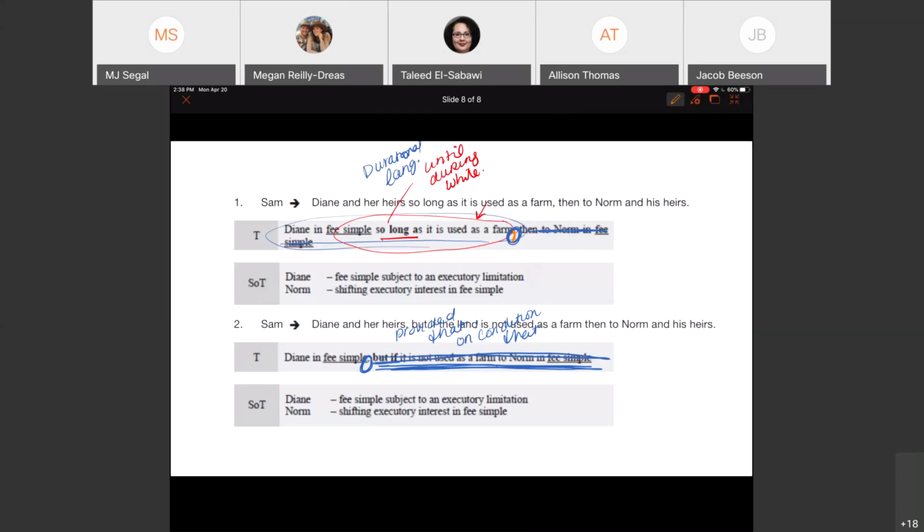Whereas if you have other type of language, which I'm blanking on the name of right now, durational language. Do you mean conditional? Conditional, thank you, yes. If you have conditional language, then the comma goes before the conditional language. And so that conditional language is actually placed with this interest here. And we always strike this second interest that violates RAP. Does that clear that up?